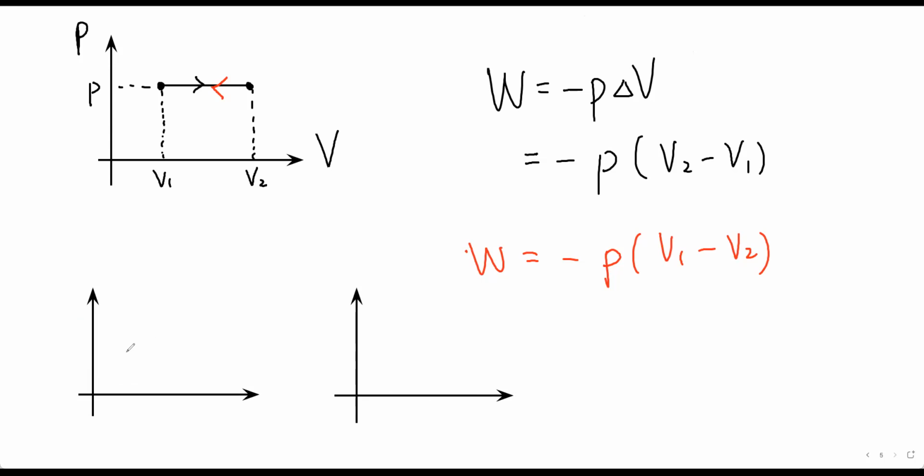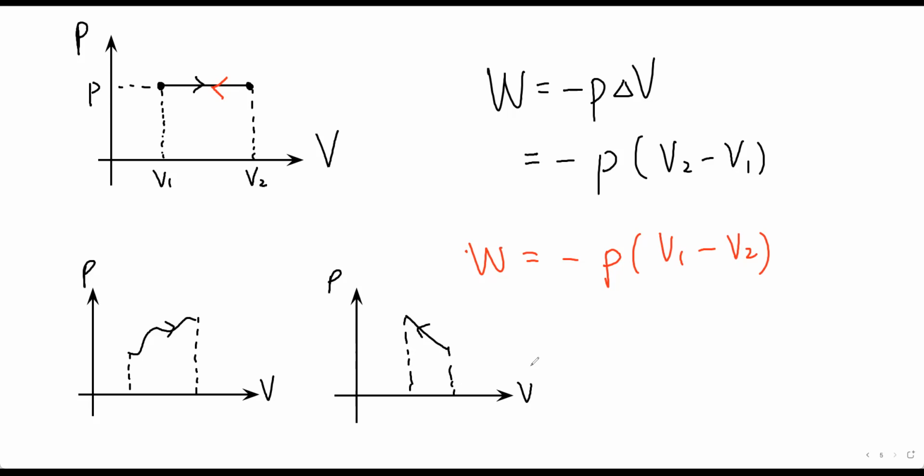So let's say it's like this. Of course it will not be that ugly in your exam. Now, other than using the formula to find the work done if the pressure is constant, if the pressure is not constant and you're given a graph, you can find the area.